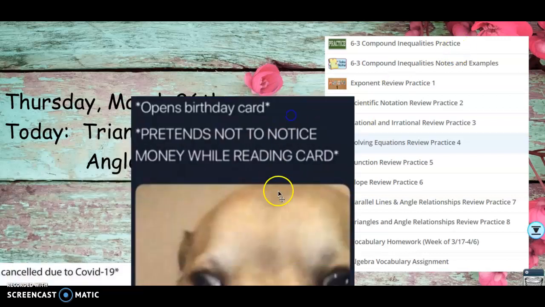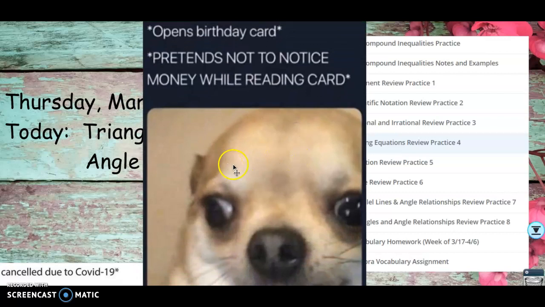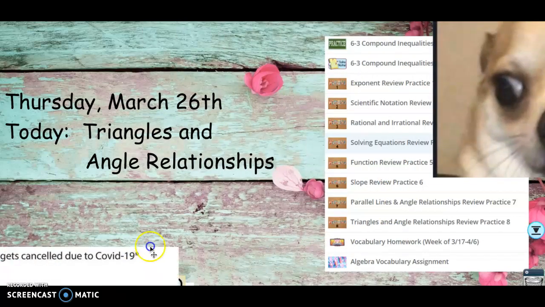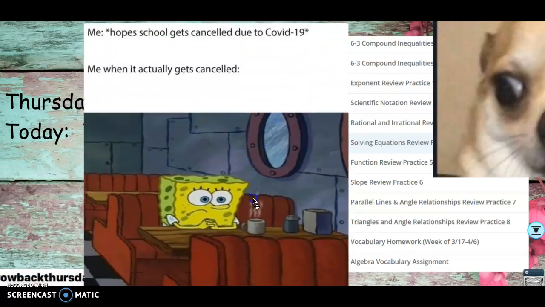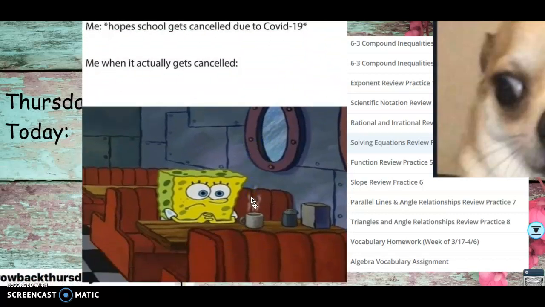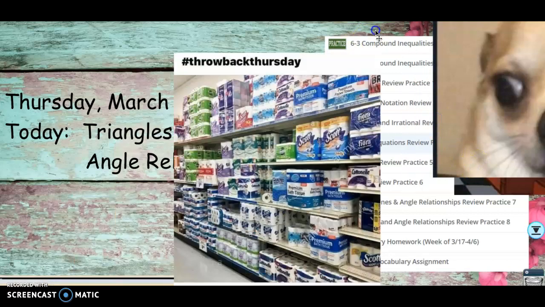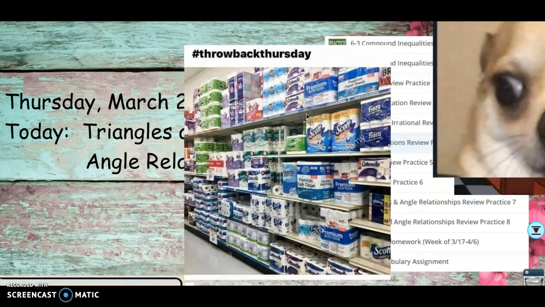For Pinterest, let's see. Opens birthday card, pretends not to notice money while reading card. I love Chihuahua memes. They're so cute. SpongeBob, of course. Me, hope school gets canceled due to COVID-19. Me when it actually gets canceled. This was cute. Throwback Thursday.